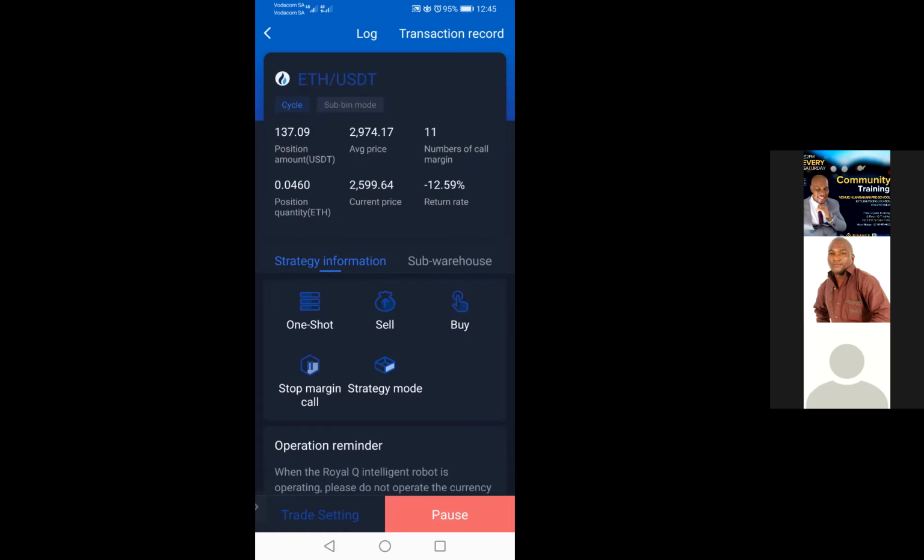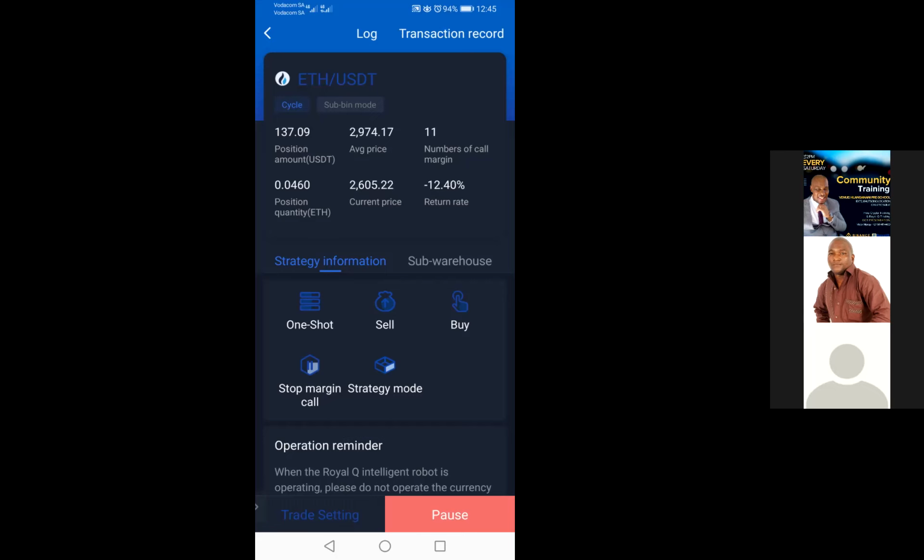You've seen that the other two positions, they were all on margin call number 4. And then we put 125 and 125 on both of them, right? Yes. So the other one, this one that we're in now, ETH, only needed $63 for it to keep on trading.